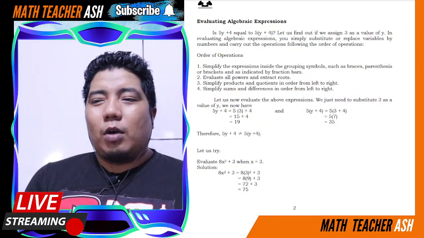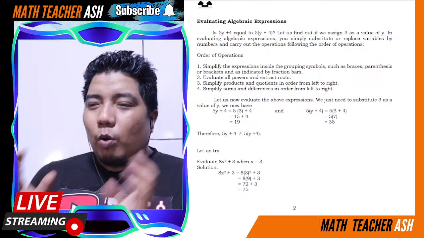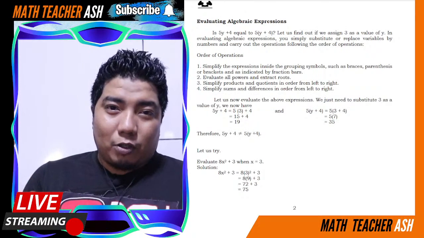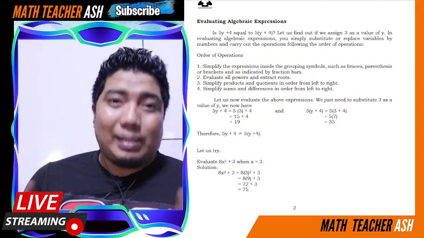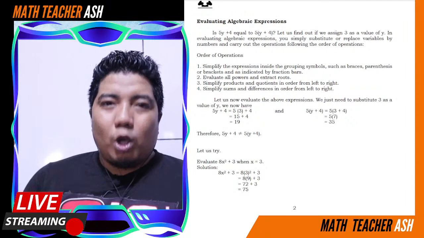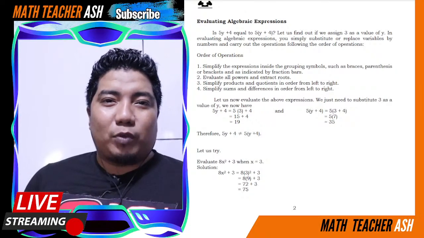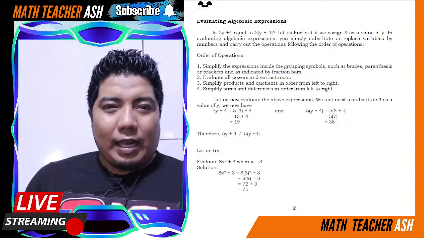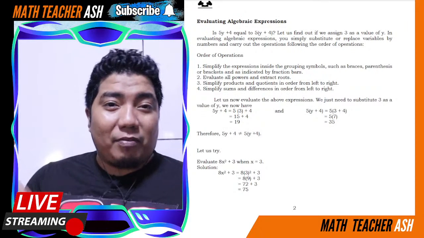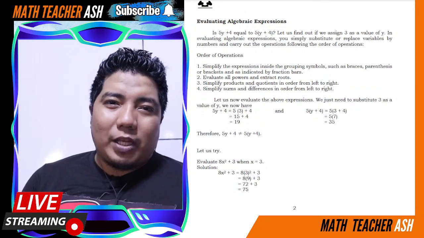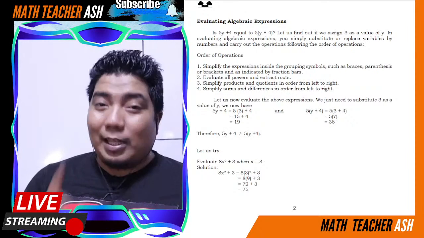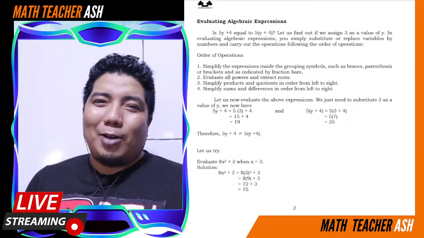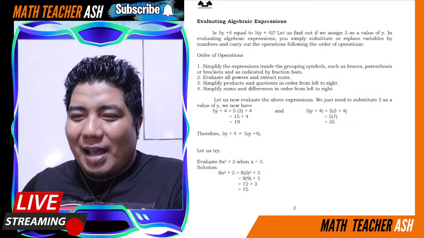Now, in our new order of operations, when the multiplication and division is visible, you will always start from left to right, regardless kung multiplication yon or division. Now, if ever 5 divided by 5 times 10, ang una mong gagawin is 5 divided by 5. That is 1. Then 1 times 10 is 10. Okay, so ganon lang kadali, my dear math learners.